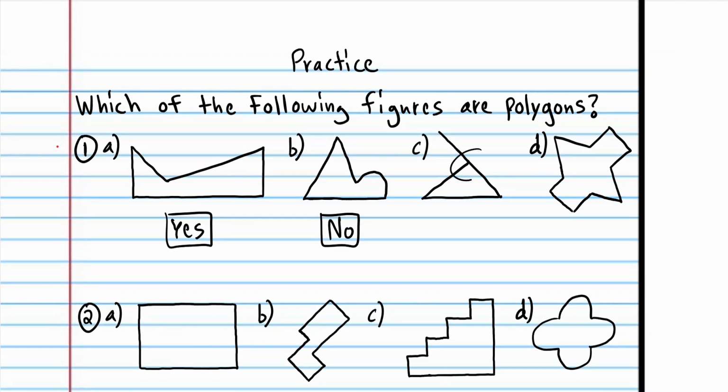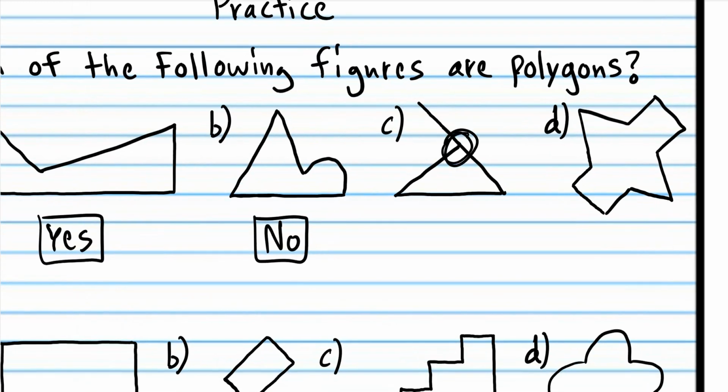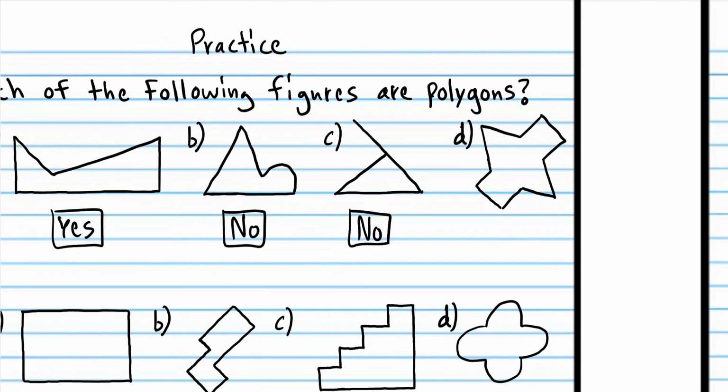This is not a polygon because the segments intersect at a point other than the endpoint of this segment. If this side touched up here, then it would be a polygon, but because it touches in the middle of that upper right side, it's not a polygon. And this is a polygon.